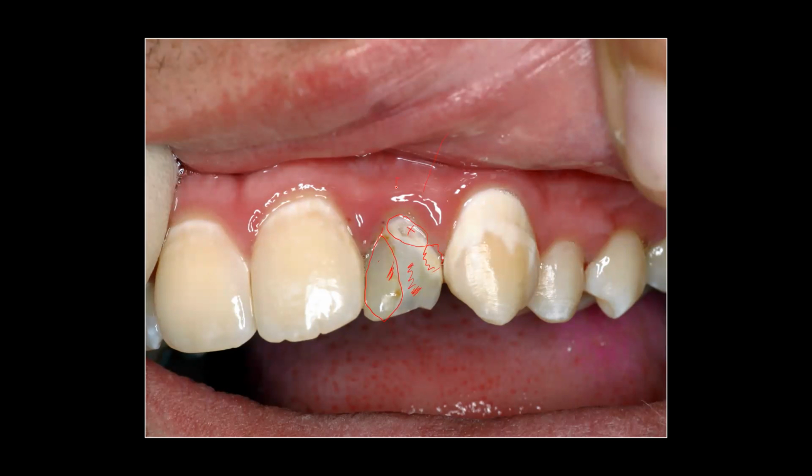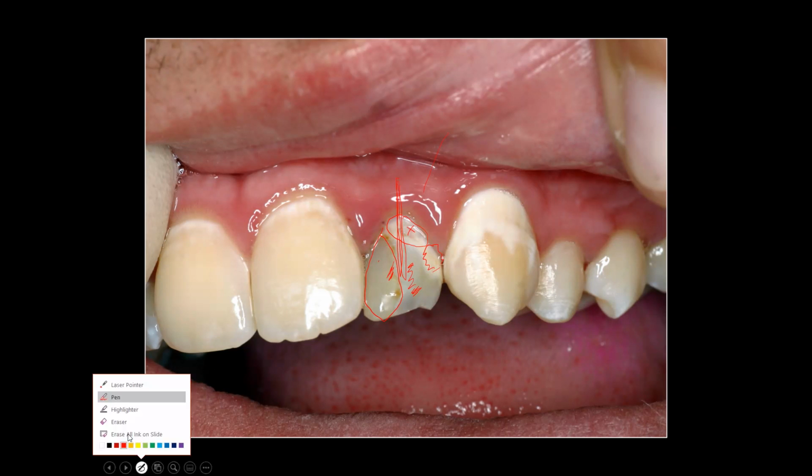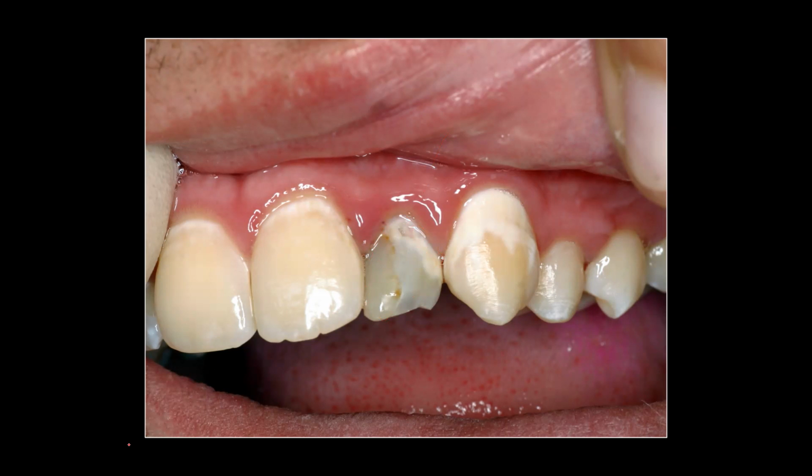You got to figure the nerve is somewhere in here. So that's why you're getting that gray appearance. But that's something you just picked up on, something that you clinically, if you saw that discoloration, take an x-ray. That tells you just by that visual appearance, something's not right. So you take an x-ray.